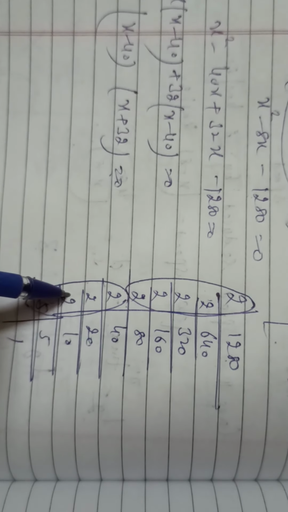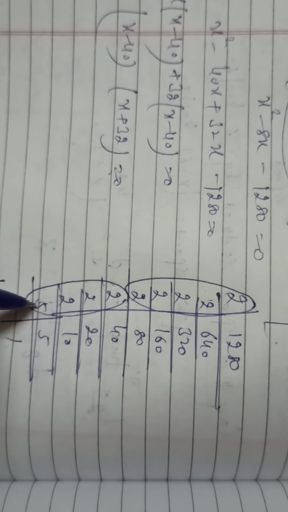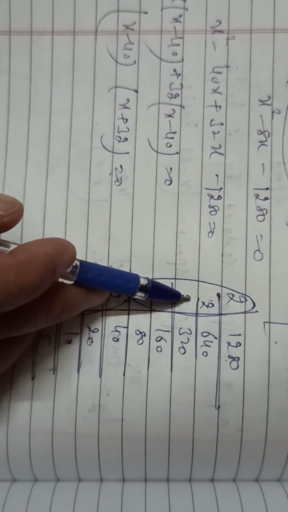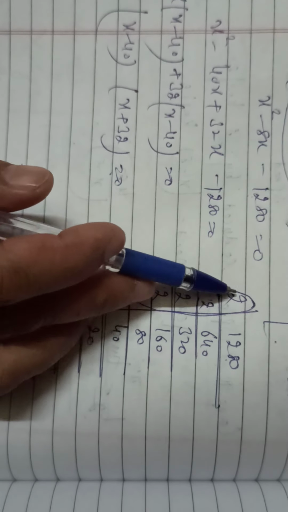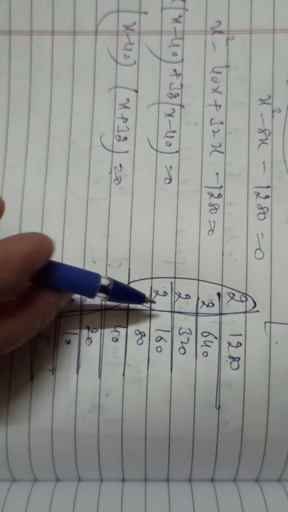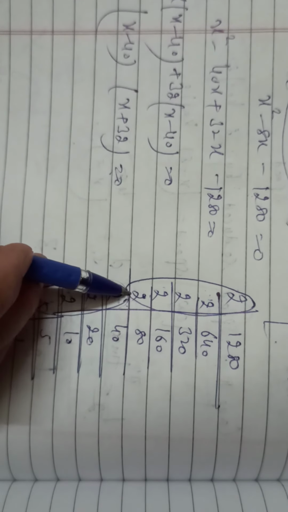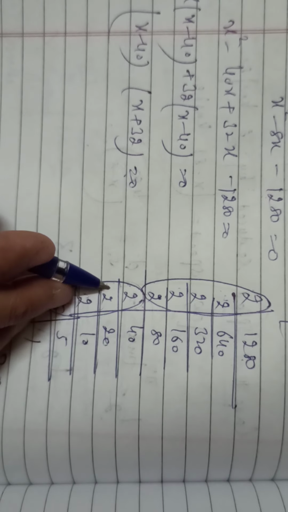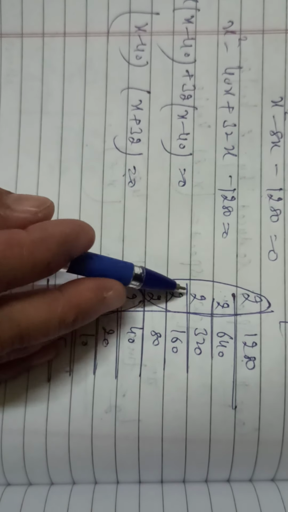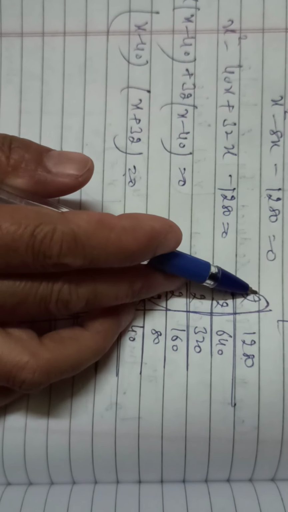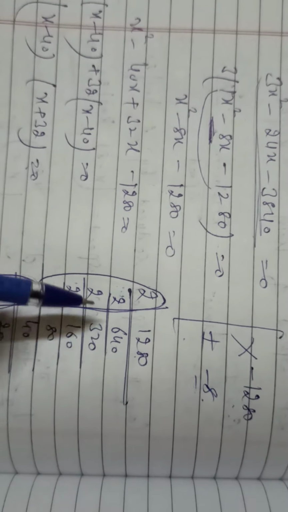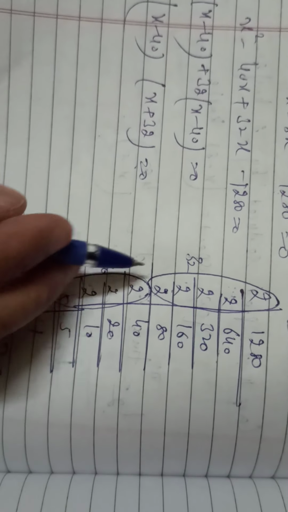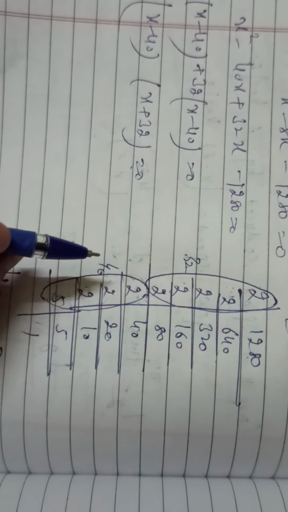So we get 40 and 32. Plus 40 plus 32, plus 40 minus 32, minus 40 plus 32.